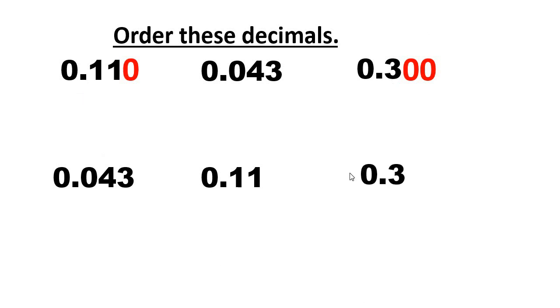So now I'm comparing 110, 43, and 300. So as I put these in order, 43 is the smallest. And then next, it would be 110. And I'm going to rewrite it. I'll take that 0 off and just leave it as 11 hundredths as it started with. And then finally, 300 thousandths, or 3 tenths, is the largest.